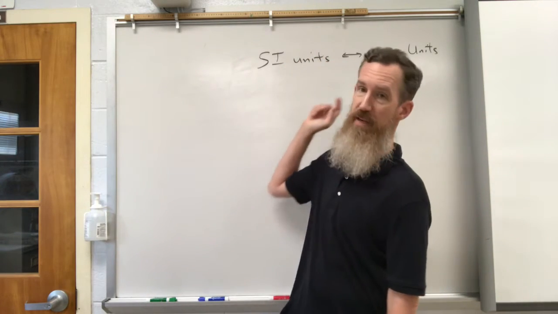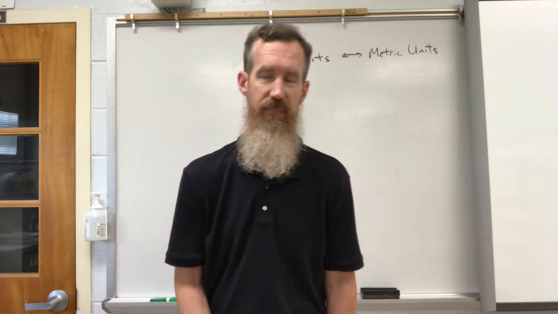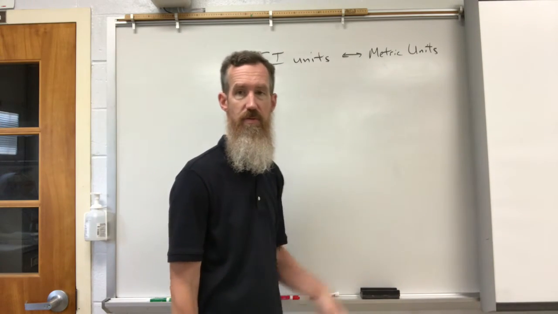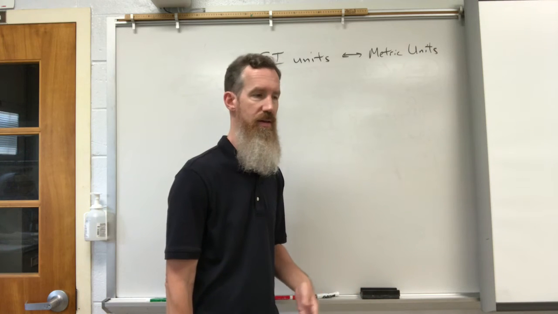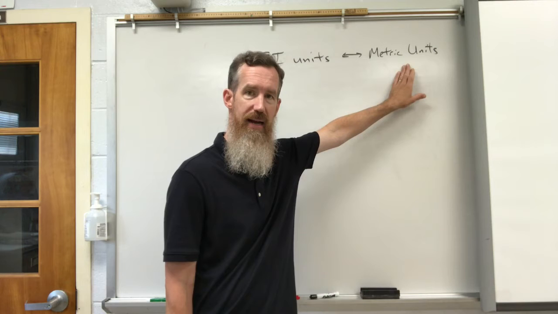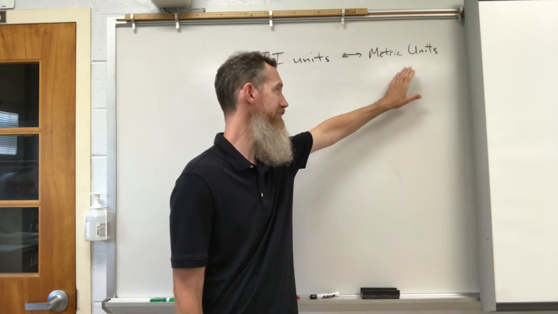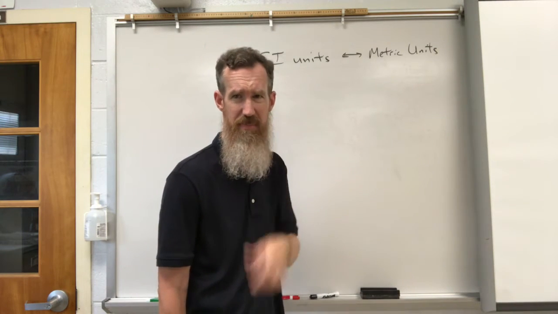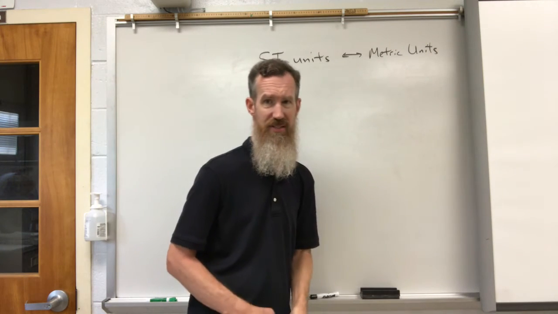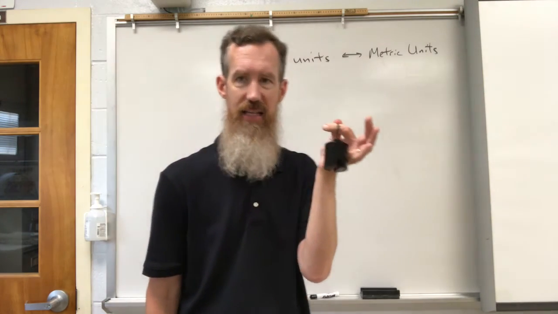The metric system, the base unit, is a meter. Time, SI and metric both use a second. But in mass, the base unit for mass is a gram, which is small. It's pretty teeny. The SI unit for mass is a kilogram.